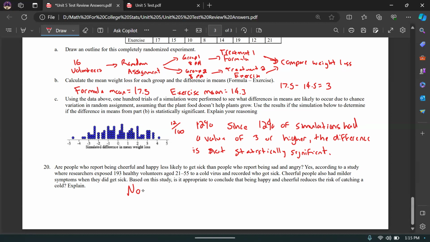You can't say that being happy and cheerful causes a reduction in colds unless you have random assignment. Nowhere in this problem are we randomly assigning these volunteers to a cold virus or not a cold virus. There just isn't a way of doing that. So no, this is an observational study.